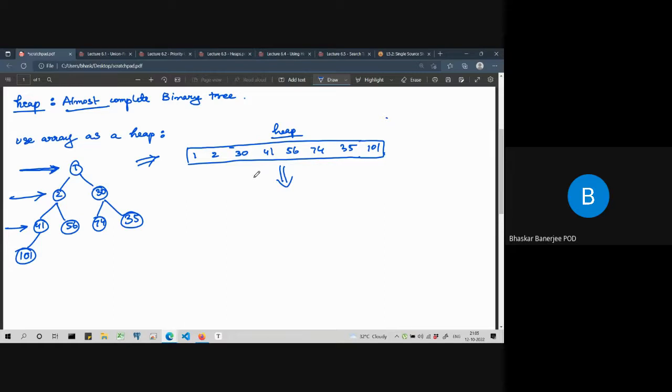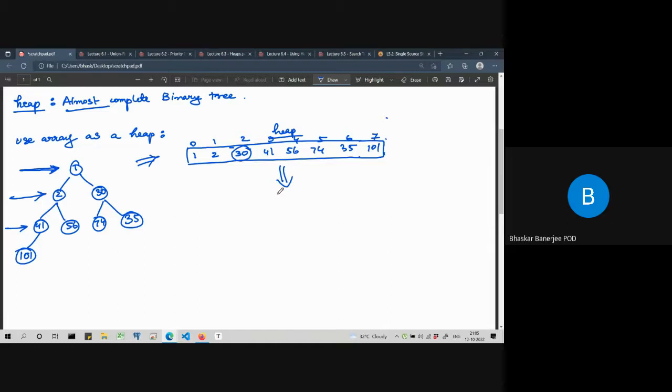The property is you take any node, right? Let's say I take this 30. What is the index of that node? 0, 1, 2, 3, 4, 5, 6, 7. So you take this 30 node, the index is 2, right?